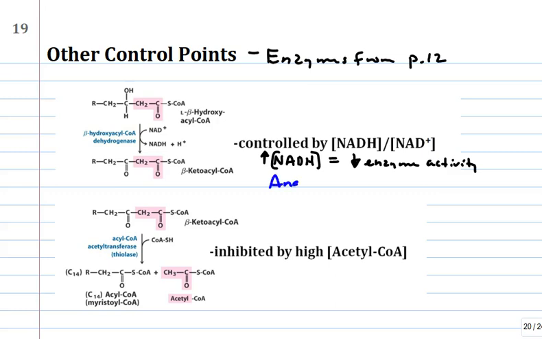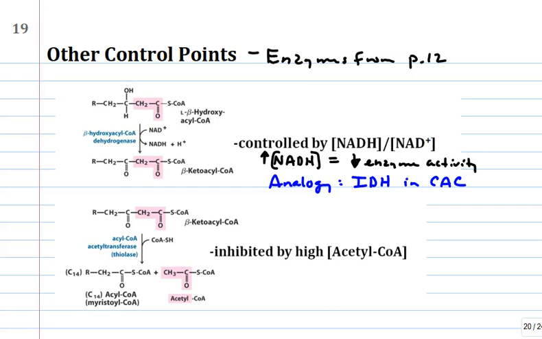Again, the analogy here is our old friend isocitrate dehydrogenase in the citric acid cycle, which was controlled by the NADH, NAD plus concentration ratio. Again, this is controlling beta oxidation.